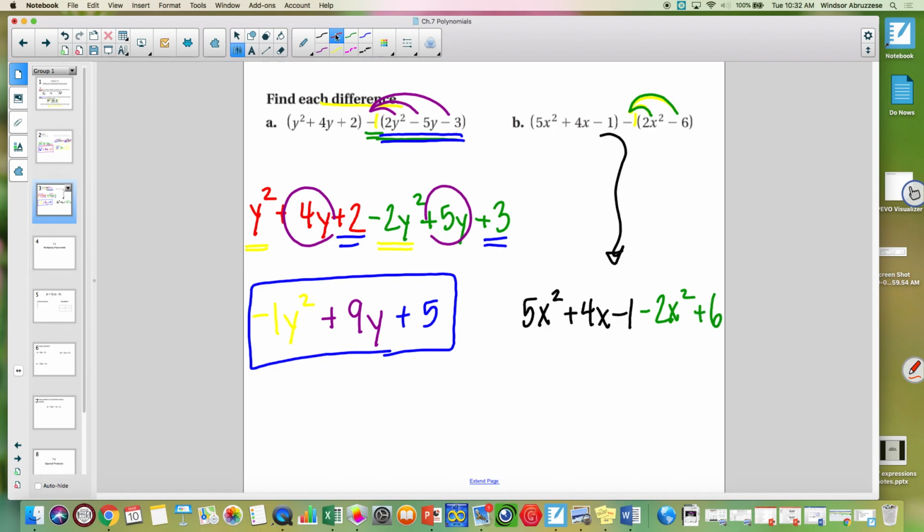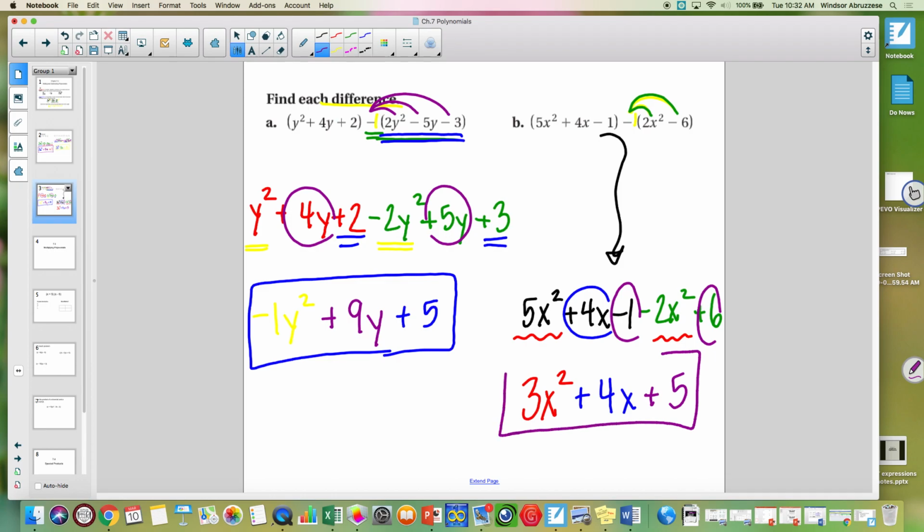Now, combine like terms. 5x squared minus 2x squared is 3x squared. 4x doesn't have a like term, so I'm just going to put plus 4x. And then a minus 1 and a plus 6 is plus 5. And that is the difference between those two polynomials.